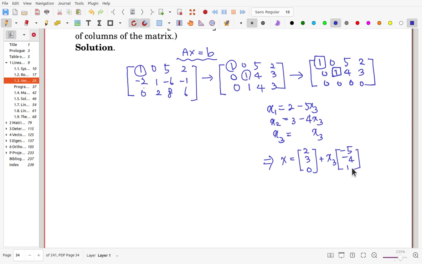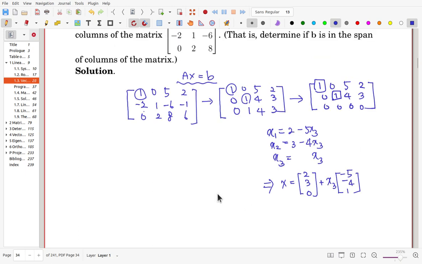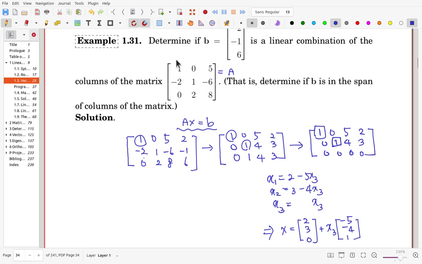So for an arbitrary choice of x3, it will be a solution, so that b can be generated as a linear combination of the columns of A in infinitely many ways. Here x can be chosen by choosing x3 arbitrarily.